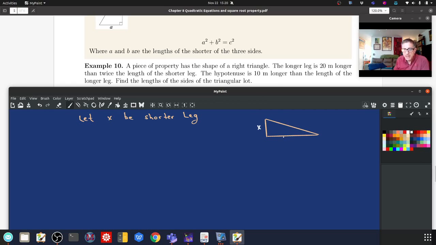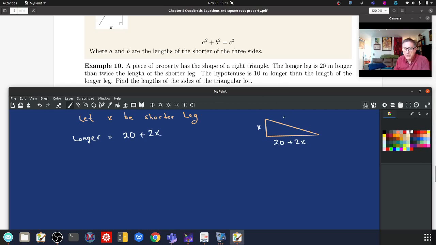And the longer leg, this one down here, is 20 meters longer, so I'm going to add 20 meters to twice the length of the shorter leg. If the shorter leg is x, then twice its length is 2x. So that's 20 plus 2x.